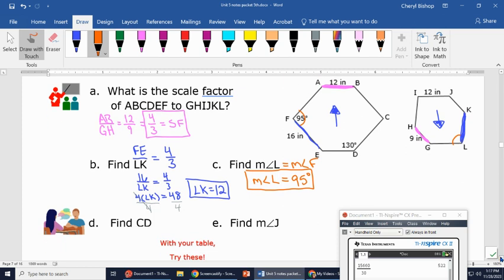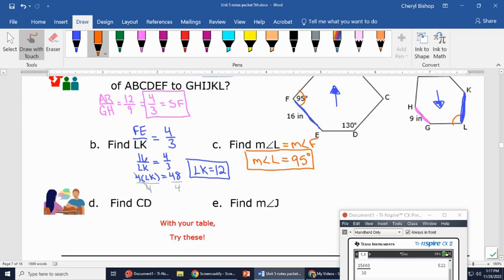All right, so work on D and E. I'll give you about 2.5 minutes for D and E. So D, you're finding a side. How far is it from C to D? So you will have to use a proportion, but E, you're finding an angle.